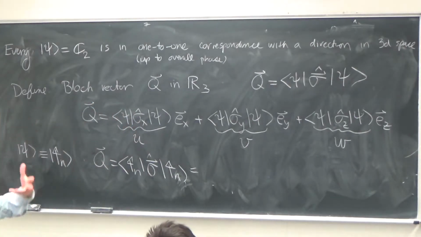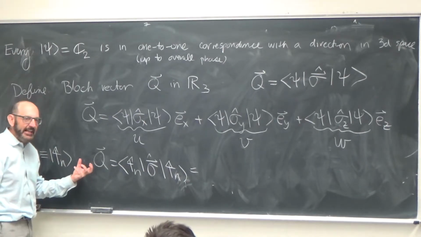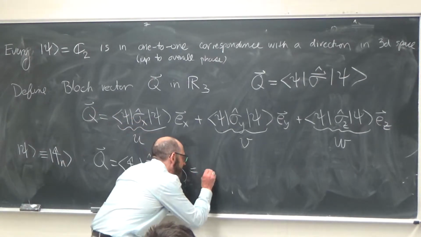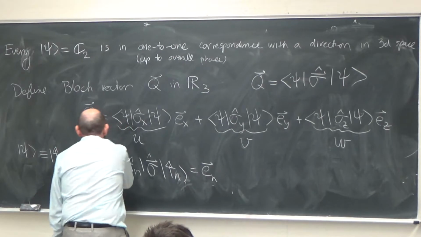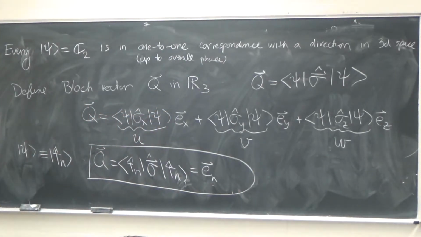It's a vector in 3D space, this vector Q. And I claim that this vector is the direction in space. Prove it for yourself. How would you prove it? Any thoughts?